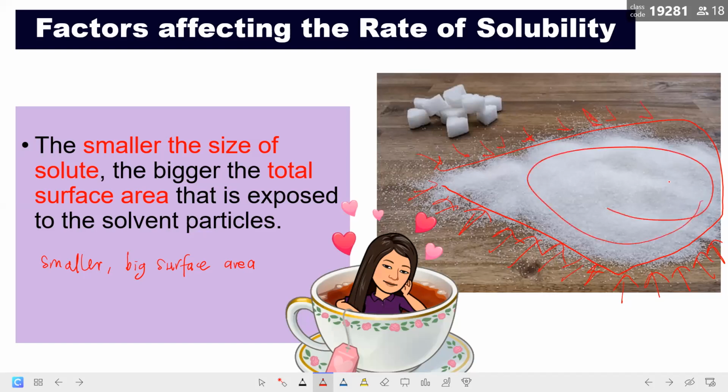So many ways I can stir them and all get stirred. Now you look at the cube. I can only hit it this way. Very limited for me to hit it. Here I can hit everywhere on this, my surface area is so much more in comparison to my cube. So the key point here is the smaller the size, the bigger the surface area.